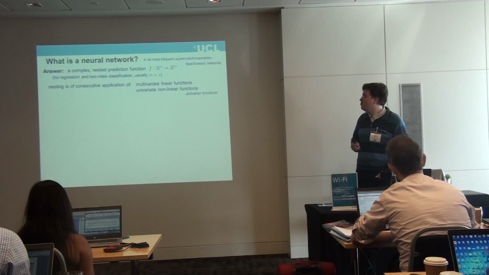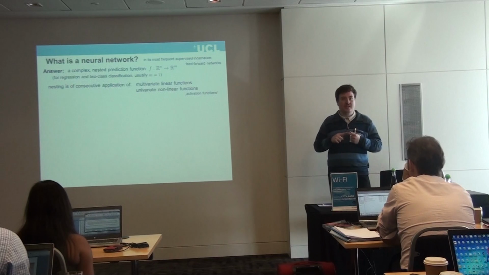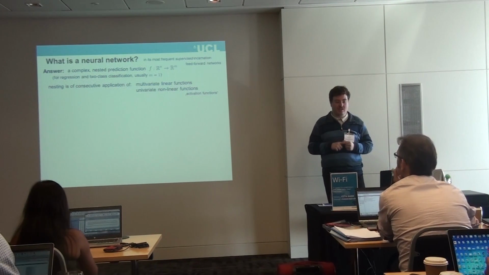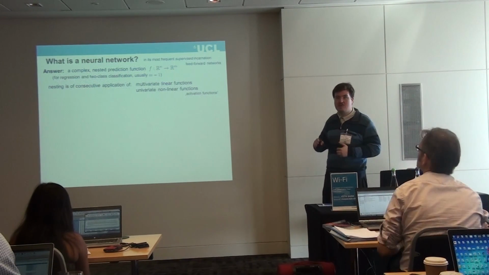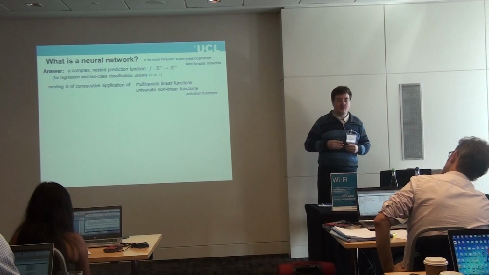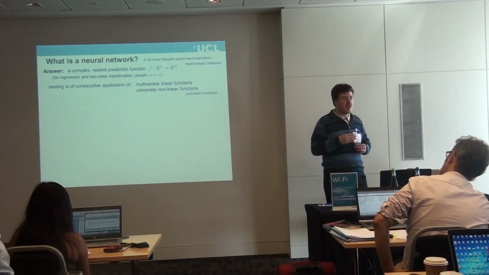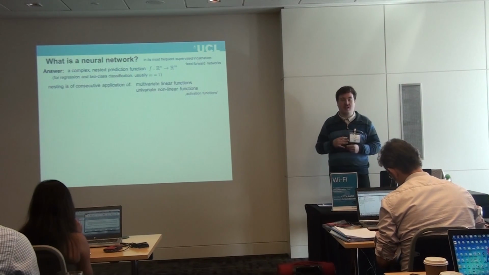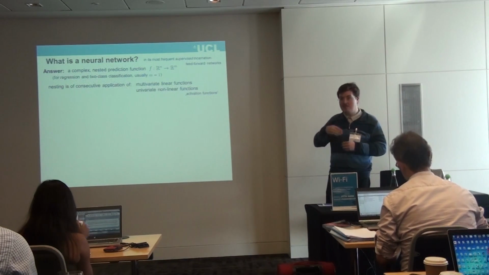Nested means you consecutively apply multivariate linear functions and univariate nonlinear functions, so-called activations, repeatedly. First a multivariate linear function, then you have some results and you apply the nonlinear transition function, and again you take the results and apply the linear function, then you take the result, then you apply the univariate nonlinear function, and so on and so on.